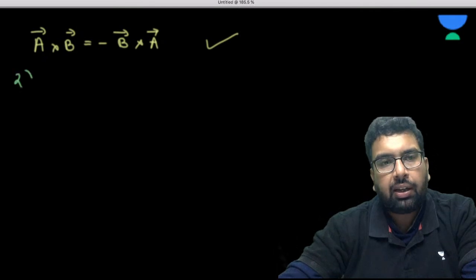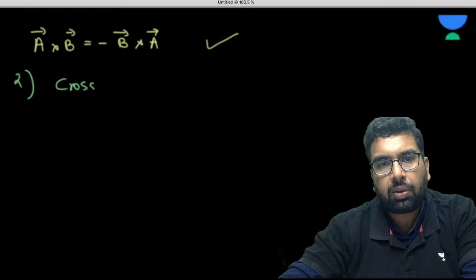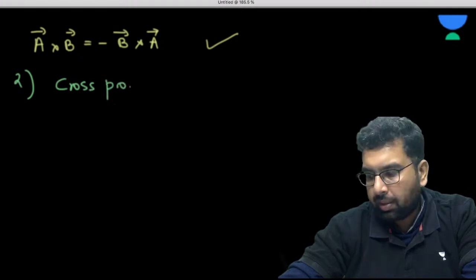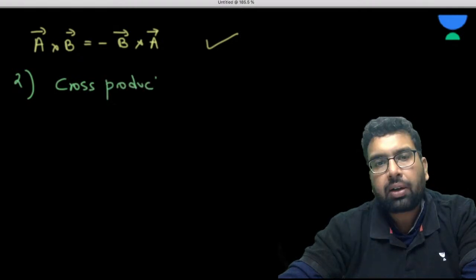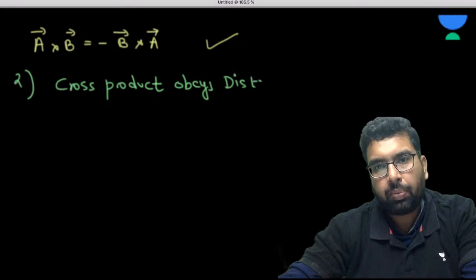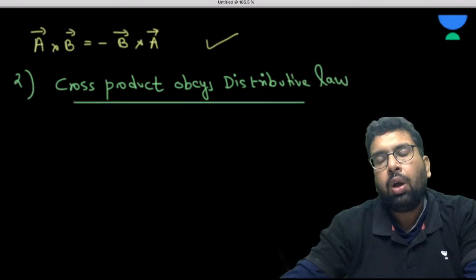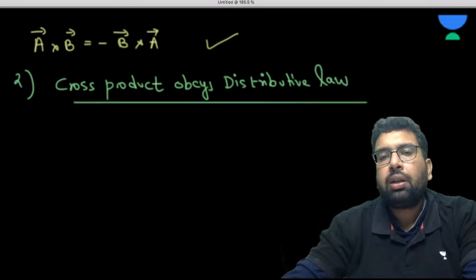Now, the second thing: vector product or cross product, both are the same thing. Sometimes it is also known as vector product because the result is a vector. So the cross product obeys the distributive law.